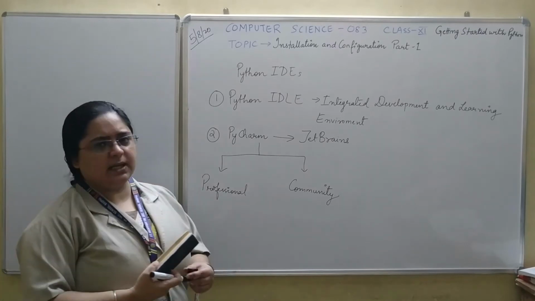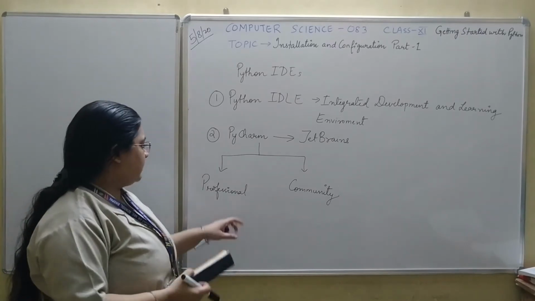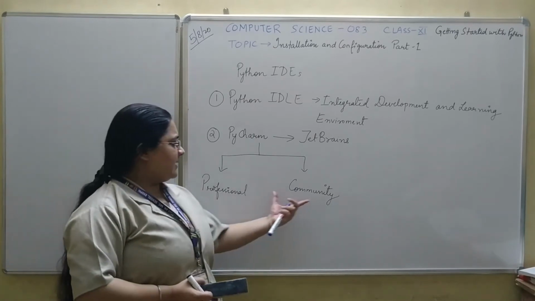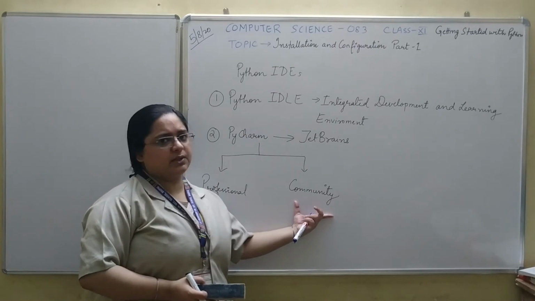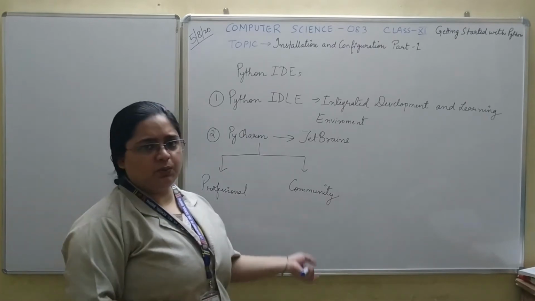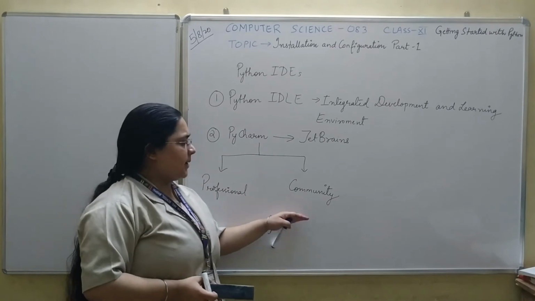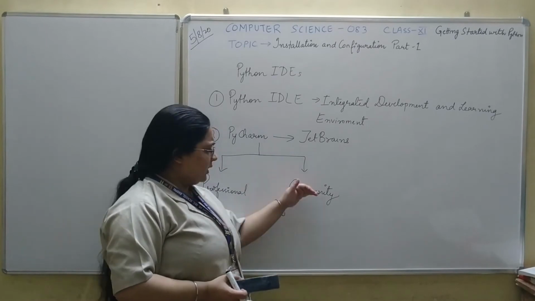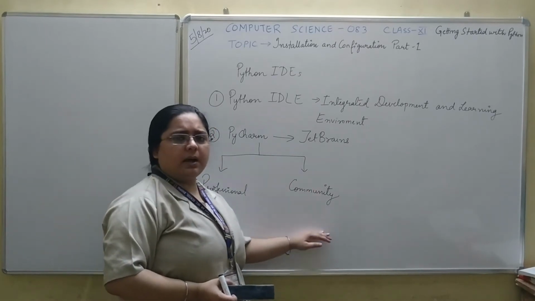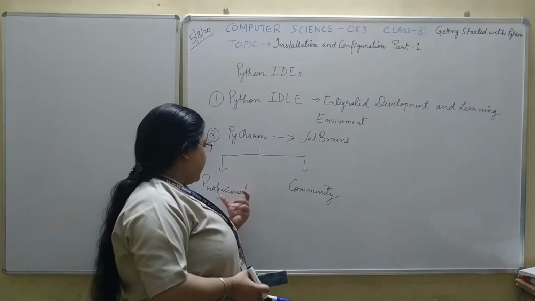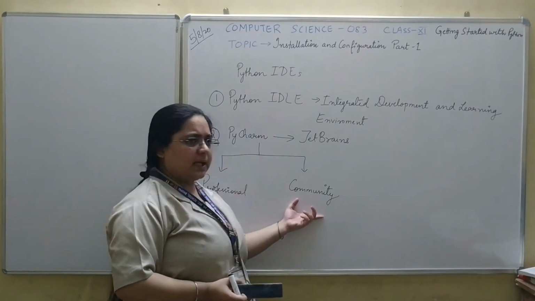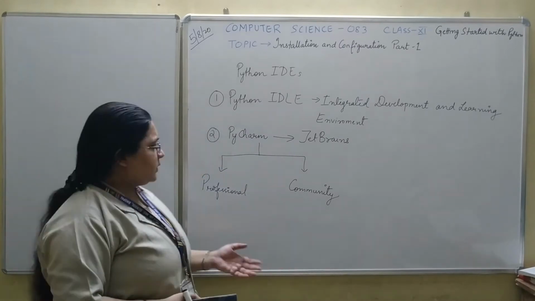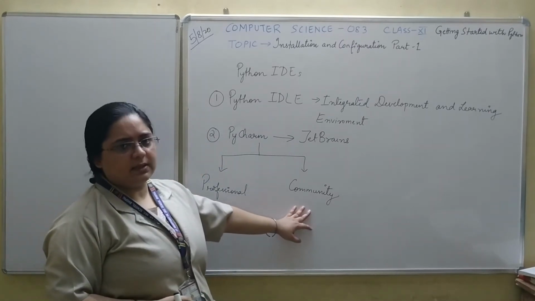The professional version is a paid version where you have to pay some annual subscription to use it, and it comes with some additional features also. Whereas the community version is free of cost and is used for quick development of applications, and it also comes with a fairly good number of features. It may not be as good as the professional version, but it contains all the necessary things required to create a Python program. So for you people, this community version is very apt.